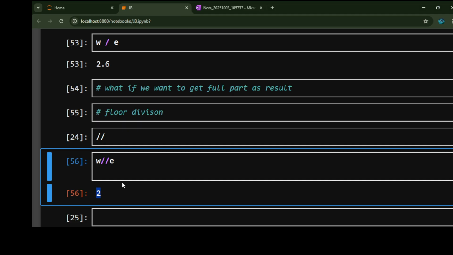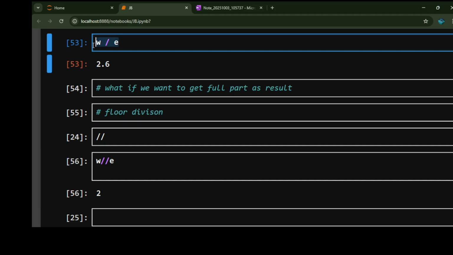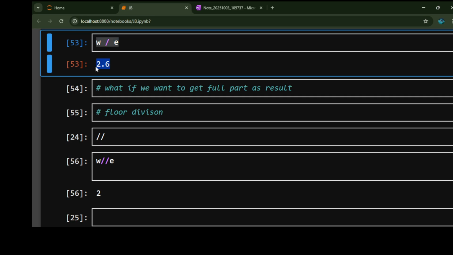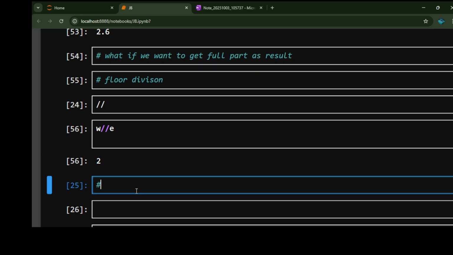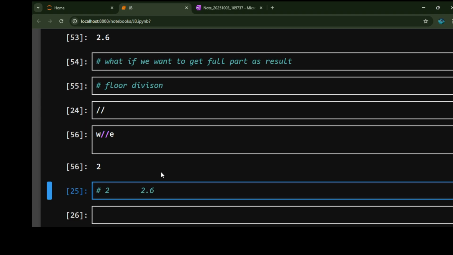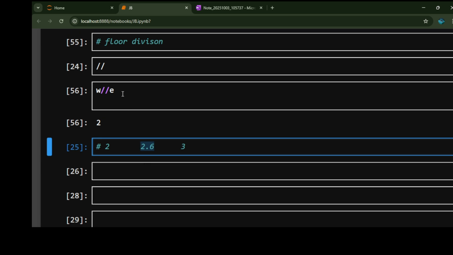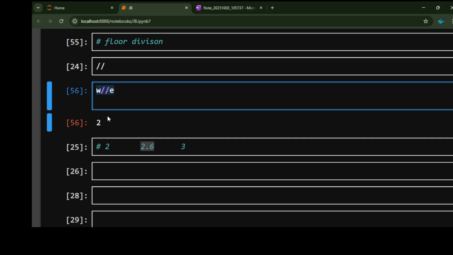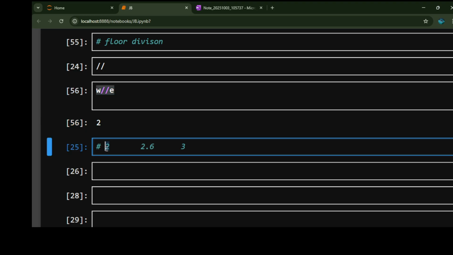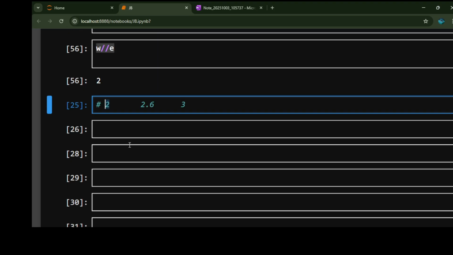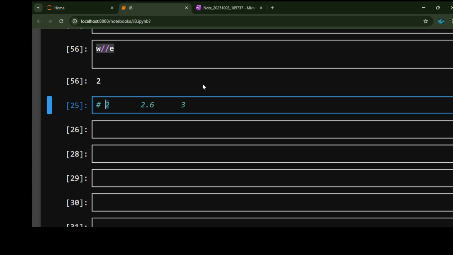This is the output of w divided by e, but the result will be converted to a whole number. We already know that 2.6 is something between 2 and 3. The result of this floor division will be this value 2. I think it should be understood by you.